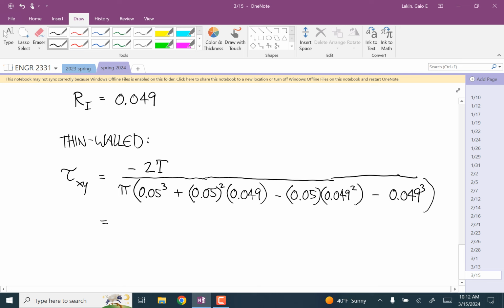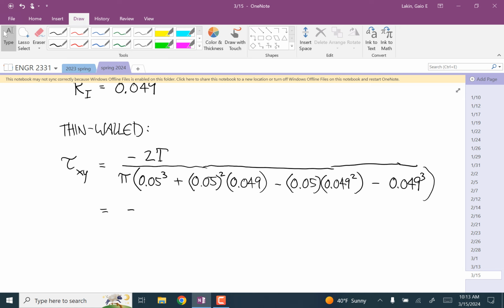And so, let's see. I'll write this as negative 2 divided by pi times 0.049.